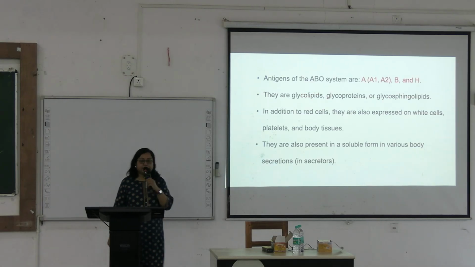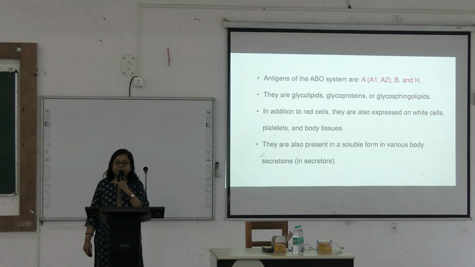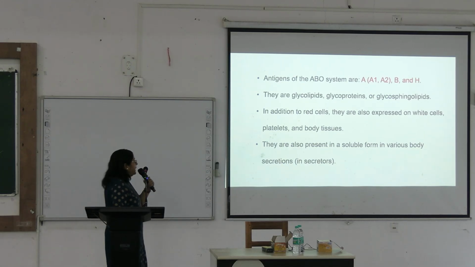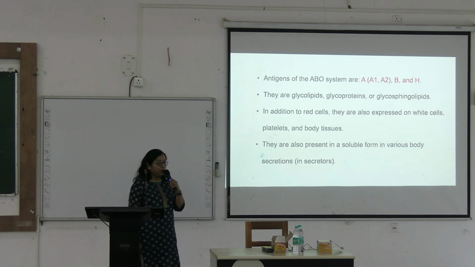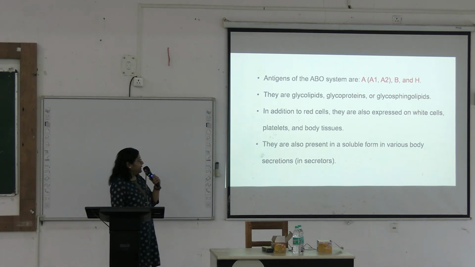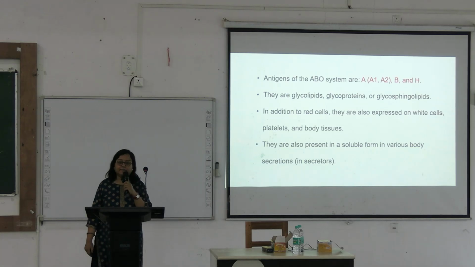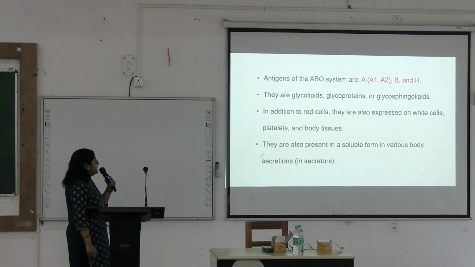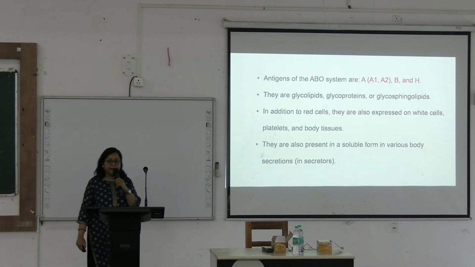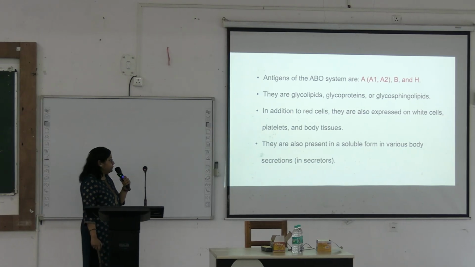Antigens of the ABO system are A, which is divided into A1 and A2, B and H. They are glycolipids, glycoproteins or glycosphingolipids. In addition to RBCs, these antigens are also present on white cells, platelets and body tissues.